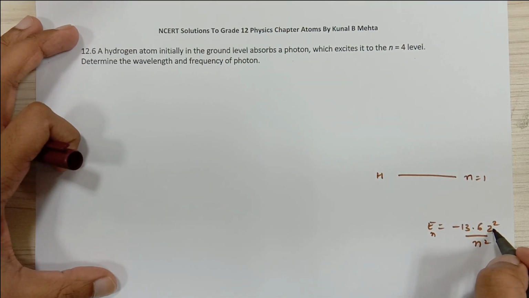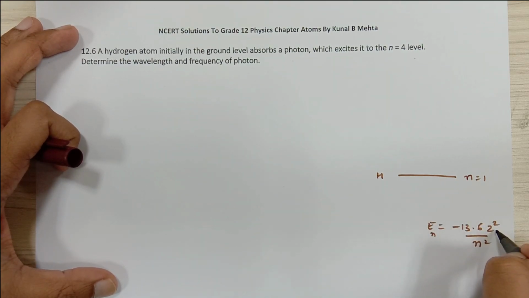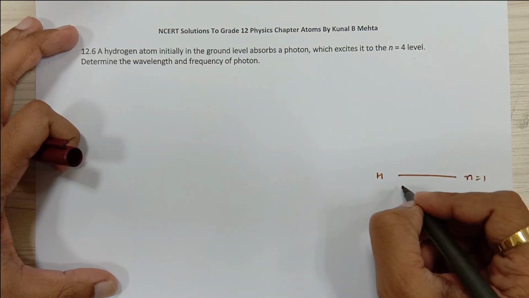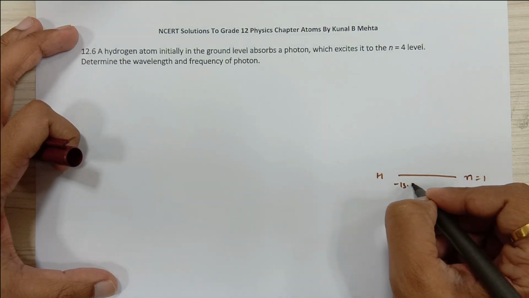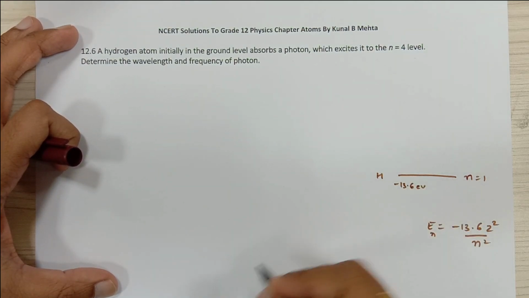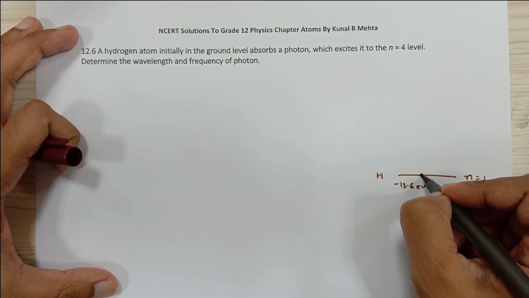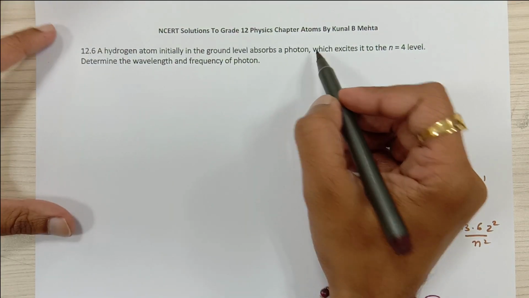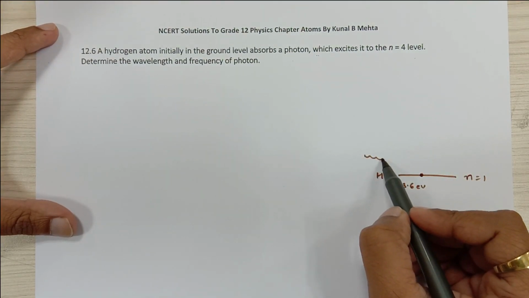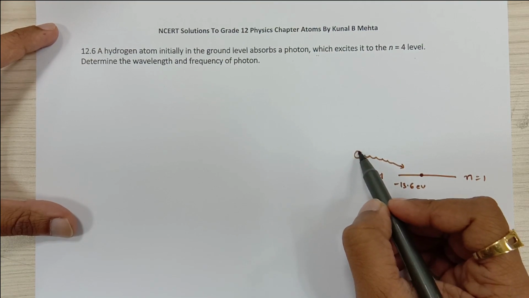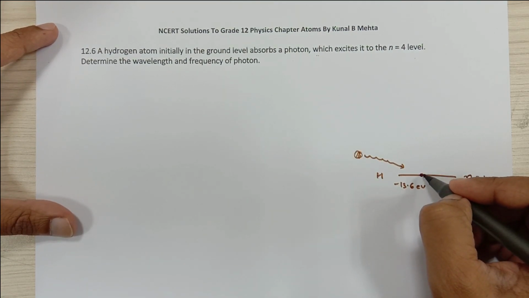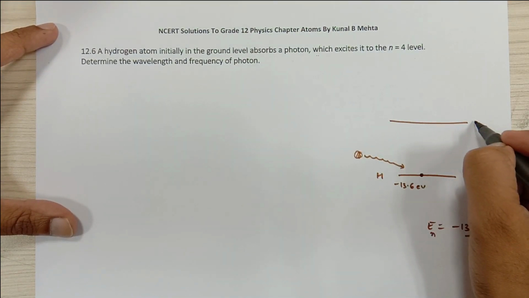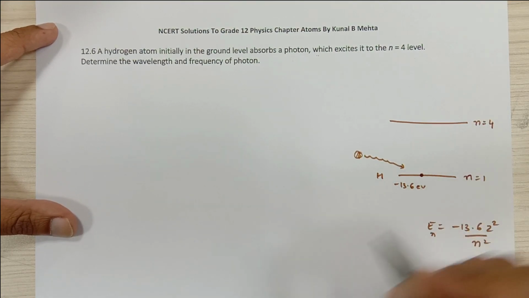So if I substitute Z as 1, as hydrogen has atomic number 1, and n as 1, I get the energy as minus 13.6 eV. Now an electron is over here. This electron absorbs one photon, and after absorbing this photon it goes to n equal to 4.